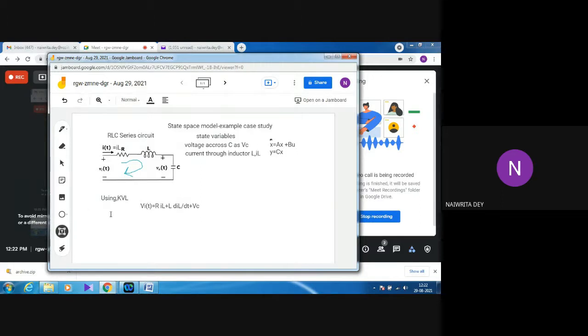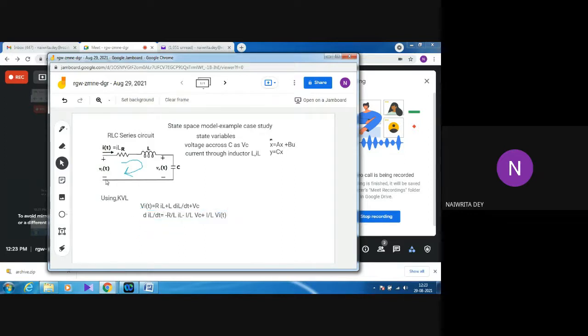If I rewrite this equation, dIL/dt can be written by taking the other variables to the right hand side, equal to minus R by L into IL, plus 1 by L into VC, and also we have one more term left, that is 1 by L into VI.